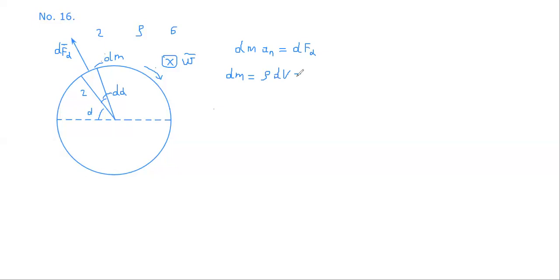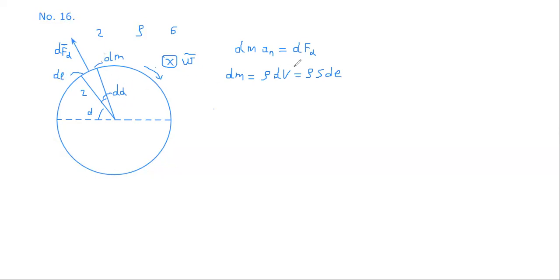And it is equal to rho multiplied by S and multiplied by dl. S is the area of the cross section of the ring, and dl is the length of this infinitely small part.